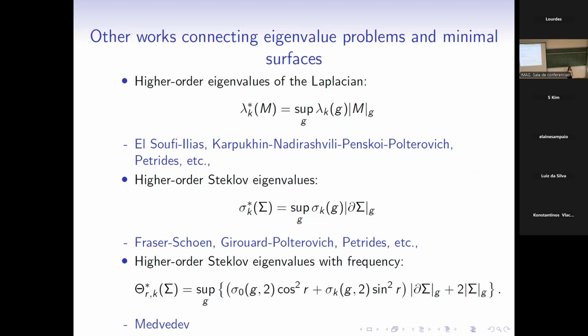So Medvedev took our functional and considered the higher order. He put sigma k here and proved some results for that. Okay. So we have a bunch of nice papers for this kind of relationship.